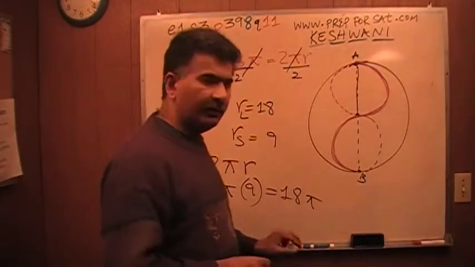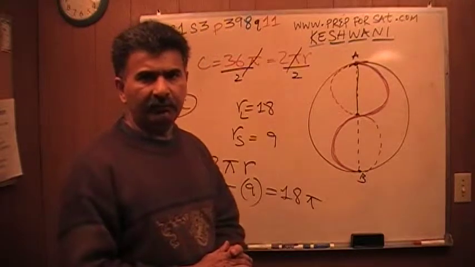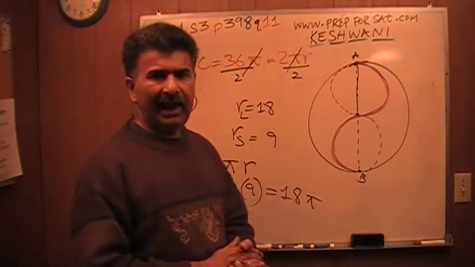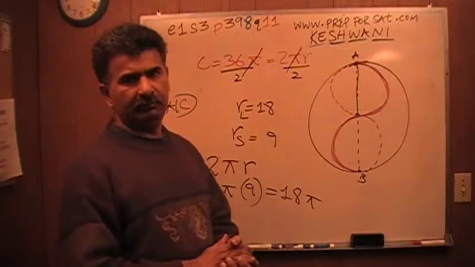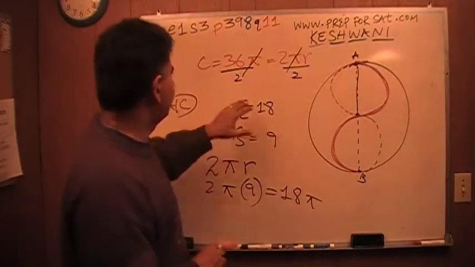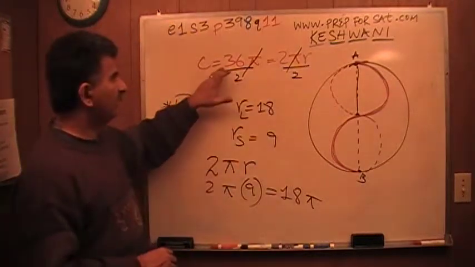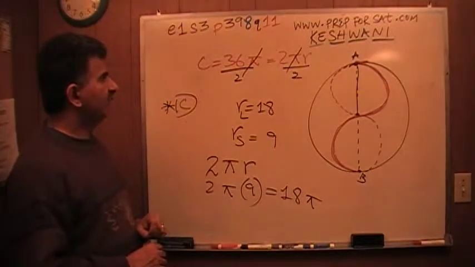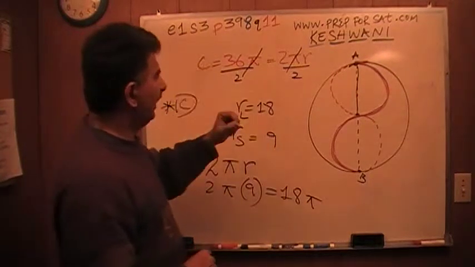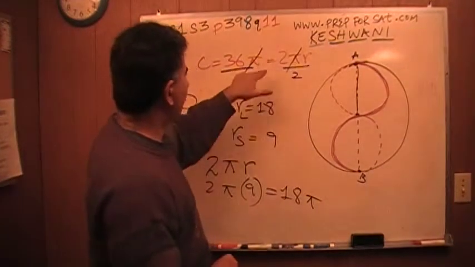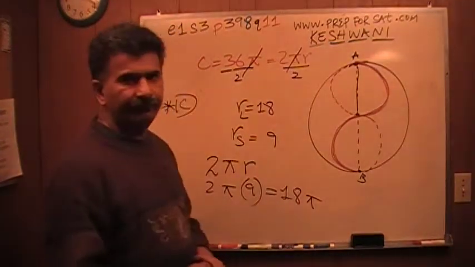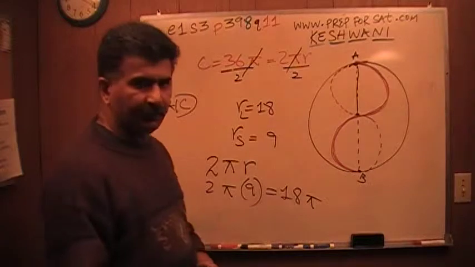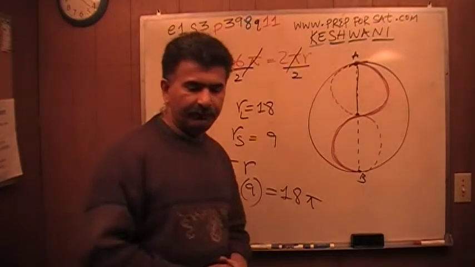And for that you have to find the diameter of the small circle, which is simply half the diameter of the large circle. So you solve for the diameter of the large circle, because we are told the circumference is 36 pi. If you're talking about diameter, which is 2 times radius, pi drops out and diameter is 36. That's all.